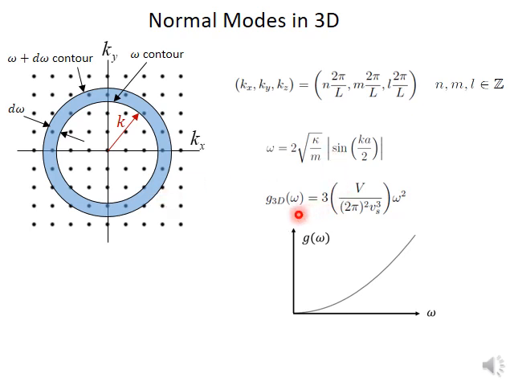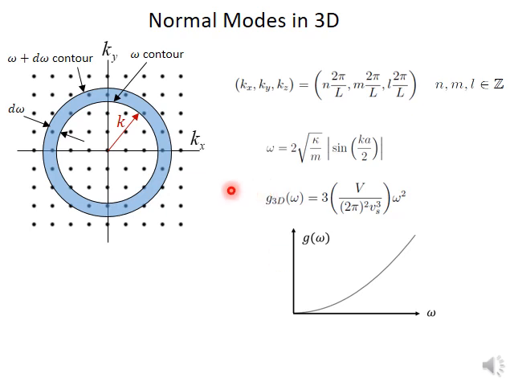So this is the density of states function in three dimensions, and it would be more or less true for small values of omega or small values of k, where the dispersion of the continuum is more or less similar to the dispersion of the atomic chains.